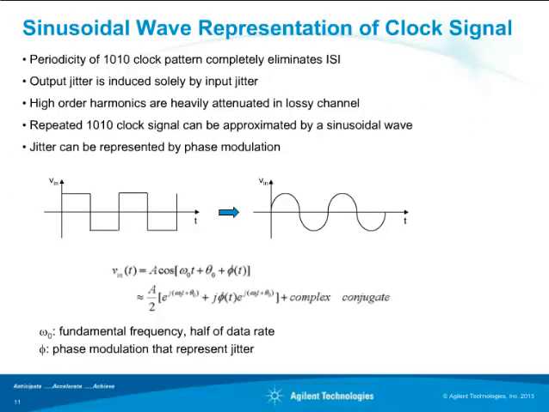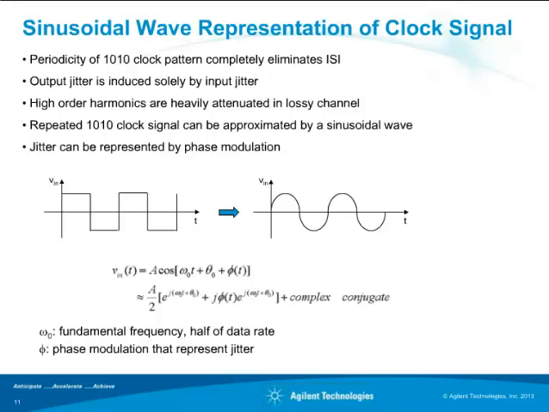As I mentioned earlier, the benefit of studying a clock channel is that the ISI is eliminated by the periodicity of the 1010 clock pattern. Therefore, output jitter is entirely induced by the input jitter. Furthermore, if the channel is lossy, high order harmonics in the clock signal are heavily attenuated and can be ignored.